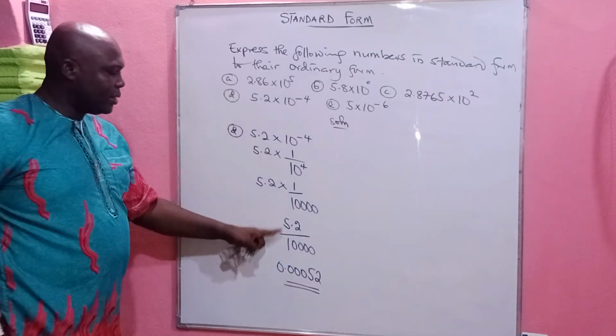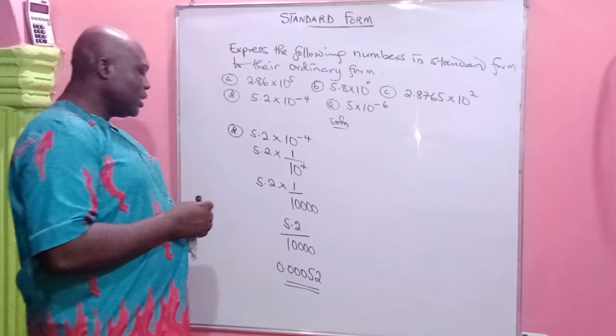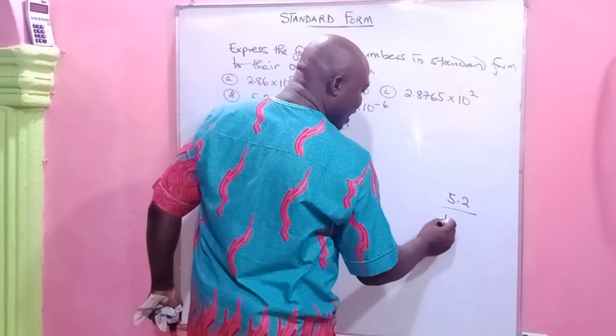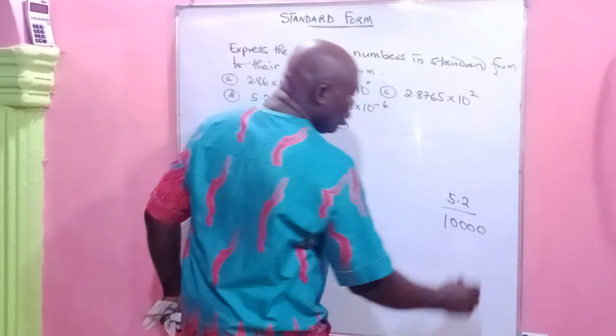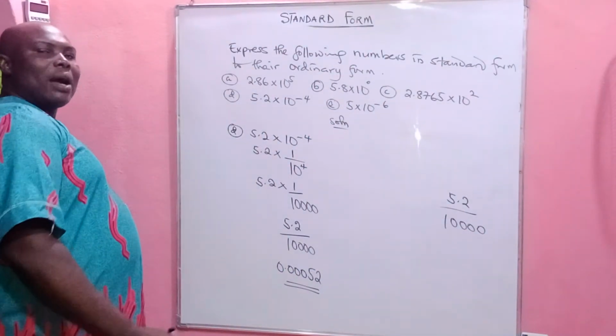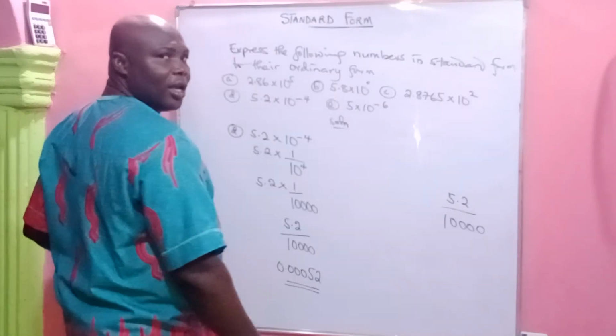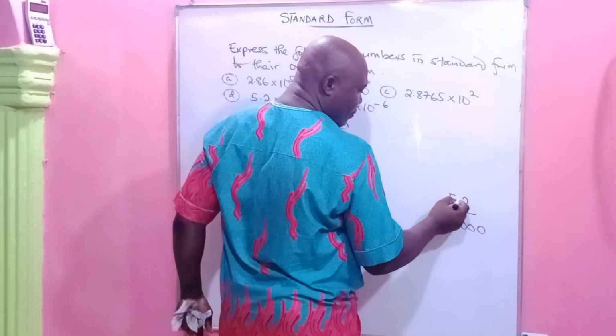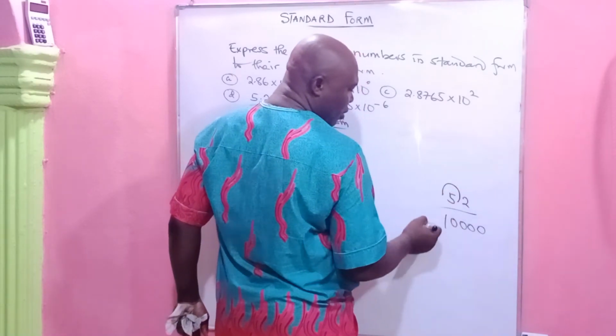If you divide this by this, this is what you have. But this is what I simply did. So if you have 5.2 all over 10 with 4 zeros, what it means is move the decimal point this time around backwards. We want to move it this way to the front. How many times? 4 times. So if I move it from here to here, that will be 1 time.